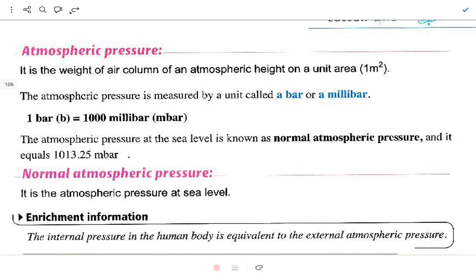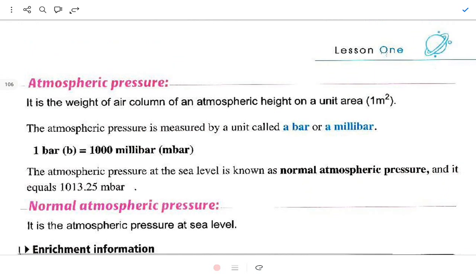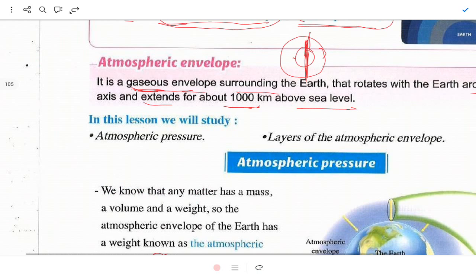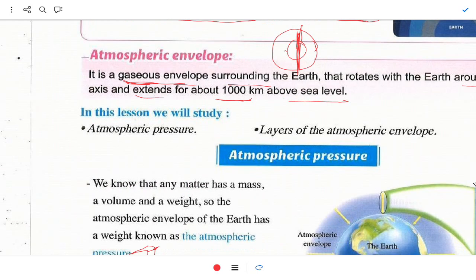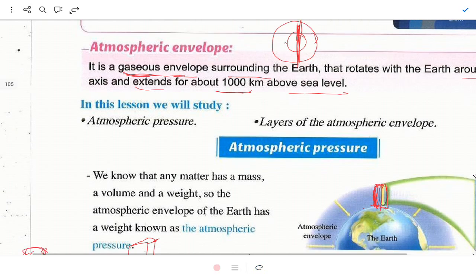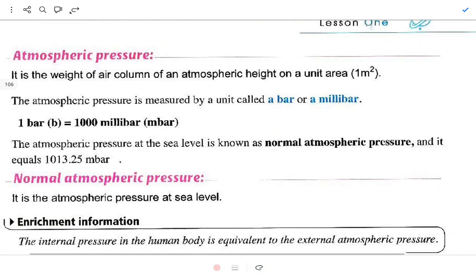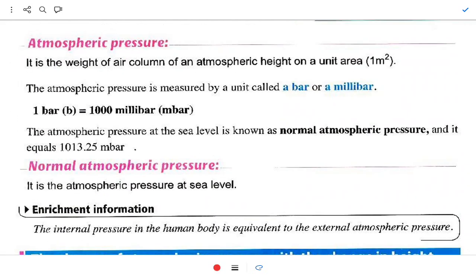Now let's identify the atmospheric pressure. It is the weight of an air column of an atmospheric height. So we have this. If we measure this air column that is on a unit area like 1 meter square, it is the atmospheric pressure.